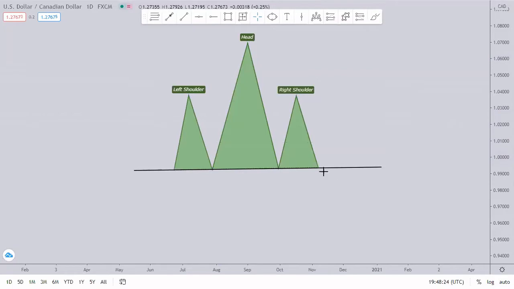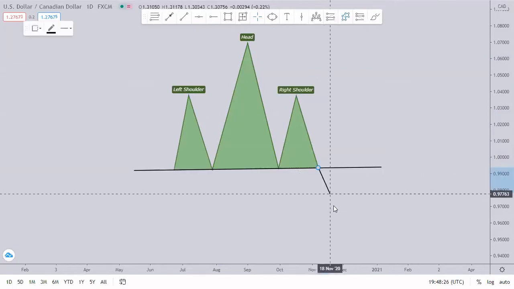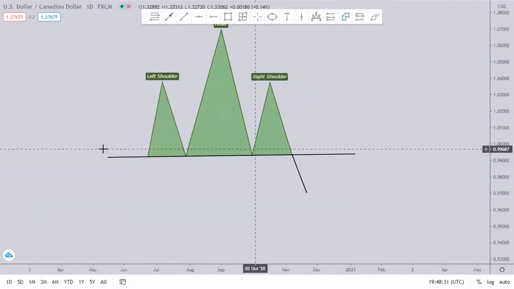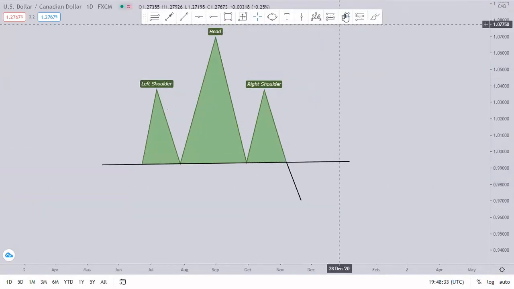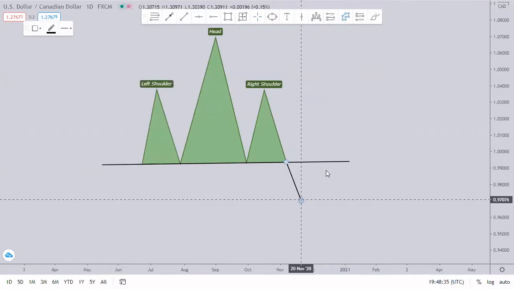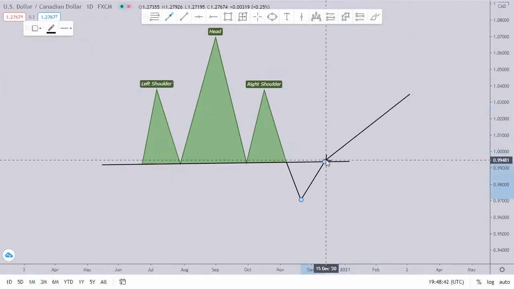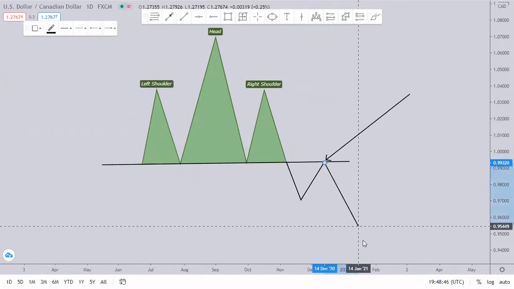When there's a breakout of that neckline, you have to wait for price to go back up to test that neckline. Then if that happens, you sell at this point for the market to come down.